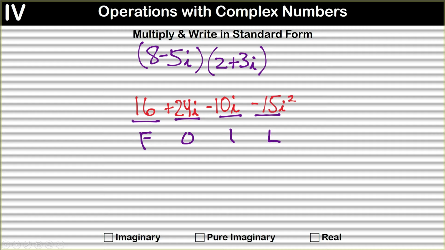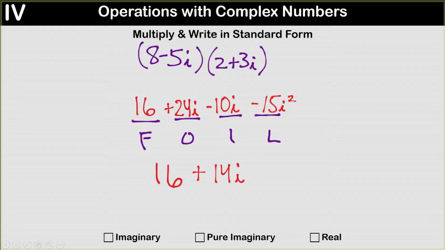Now when we simplify these 4 terms that we just got by foiling, we'll have the product of these two imaginary numbers. So we have 16, and then our pure imaginary parts, 24i and negative 10i, make positive 14i.